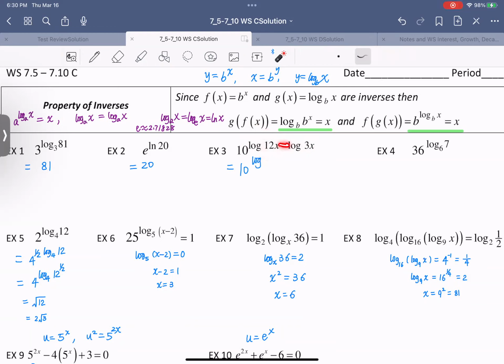When you have this minus and they have the same base, if you don't write down any number here, by default it's 10. So this is who? Wait, say that again? Based on the property, this guy is who?